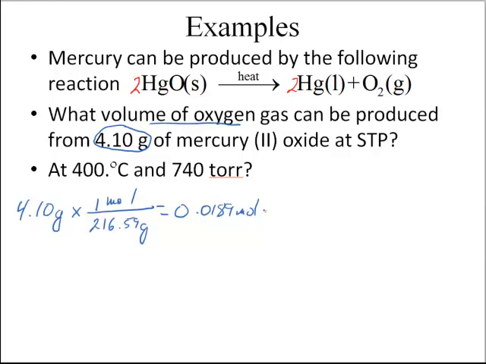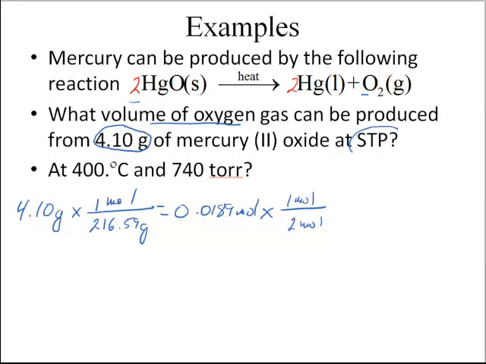All right. Now, I found the moles of HgO, but we're looking for the volume of oxygen gas. So I've got to go mole ratio, right? So the mole ratio is for every 2 of these, I'm going to produce 1 of those. So 2 moles to 1 mole. And then I'm just going to save myself a step.